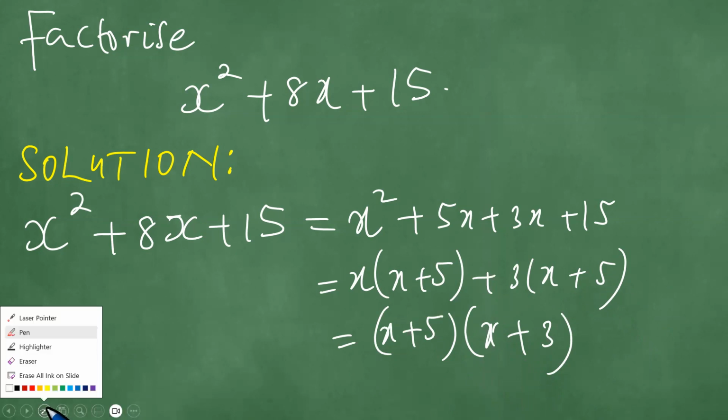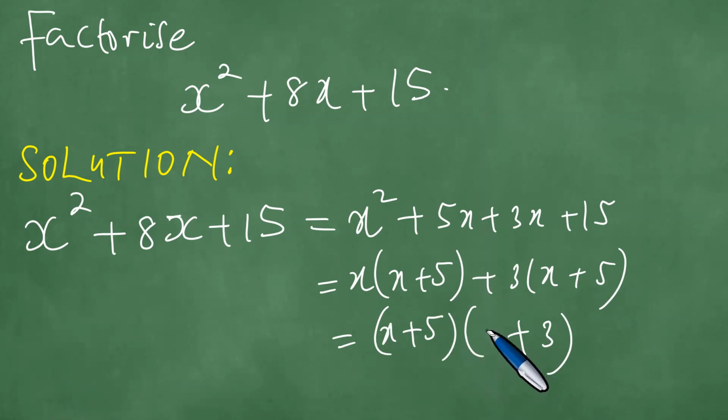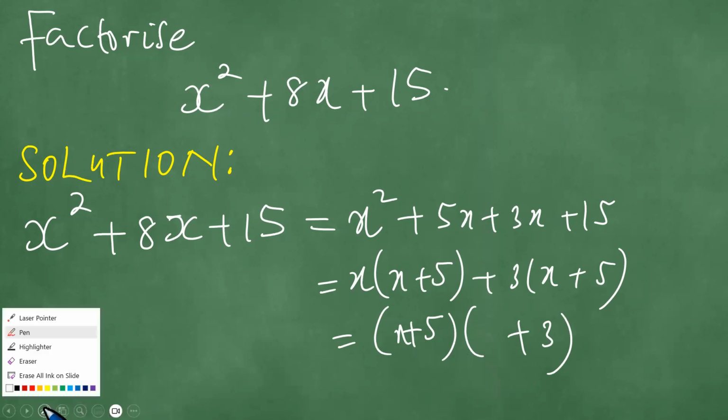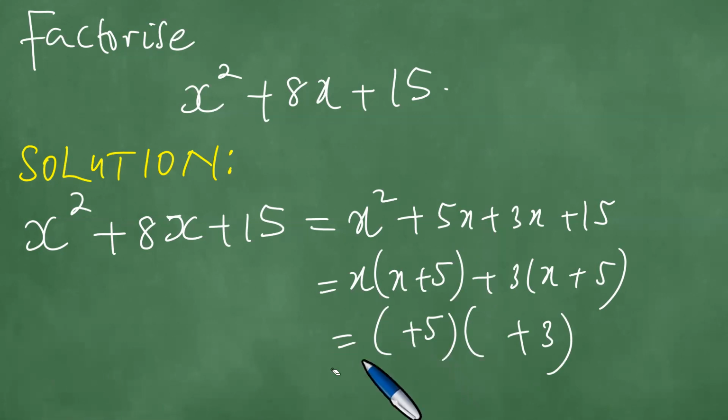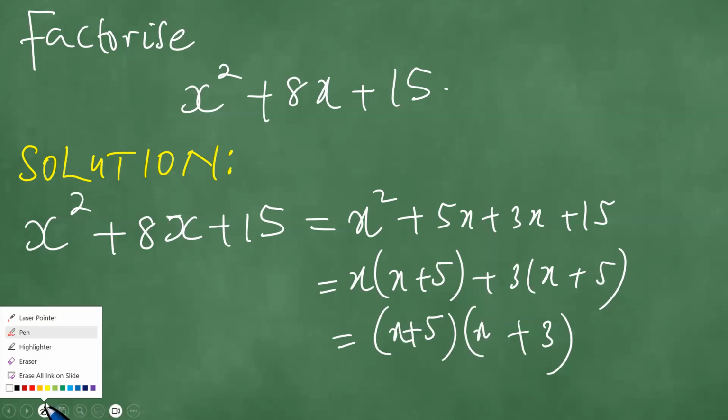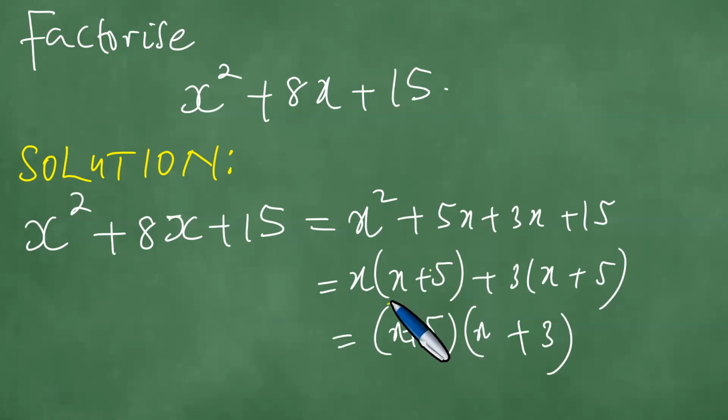Obviously we pulled out the highest common factor from the first two expressions, and when you pull out these x plus 5, then you'd have x plus 3 within the parentheses.